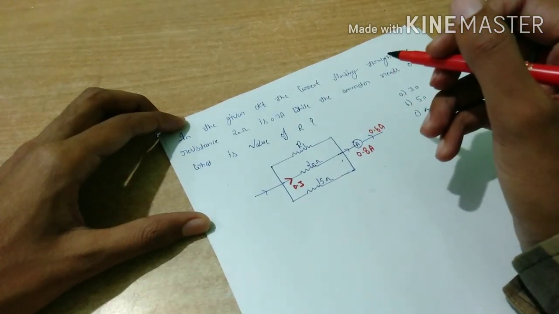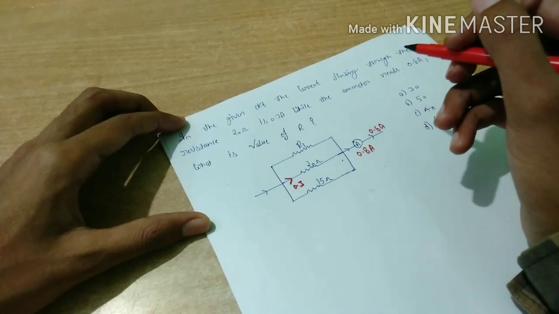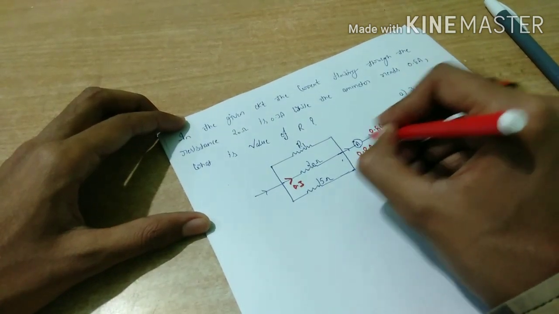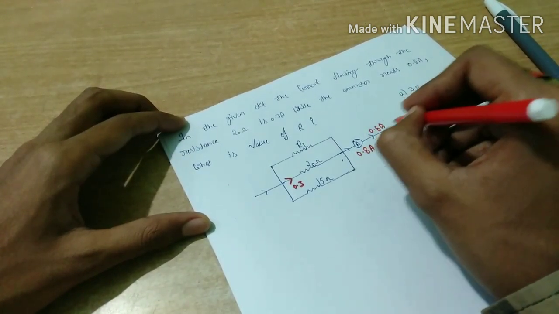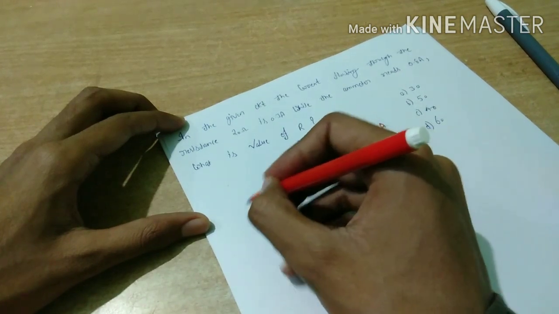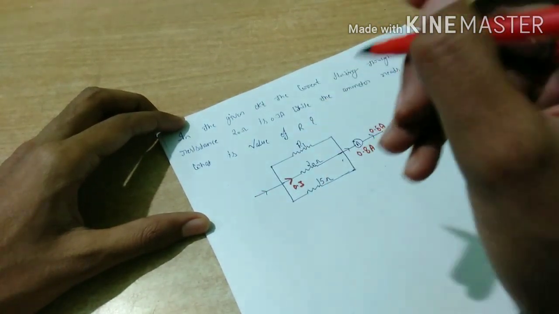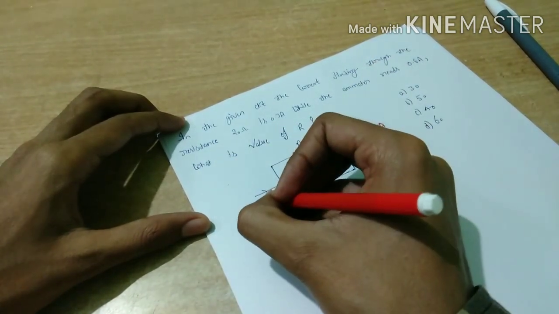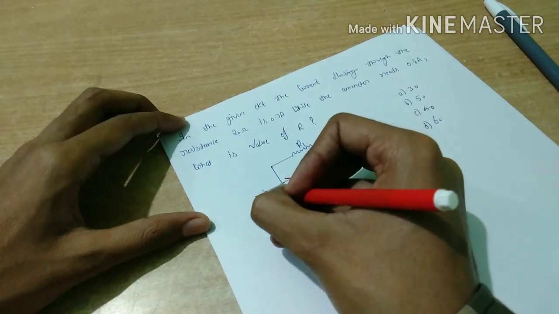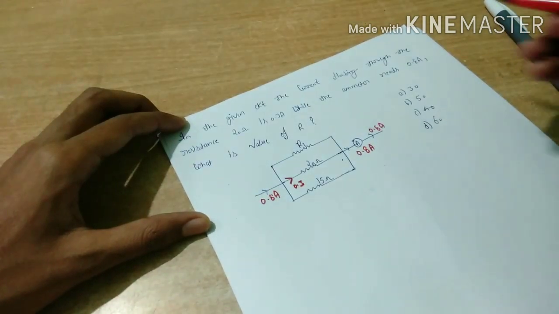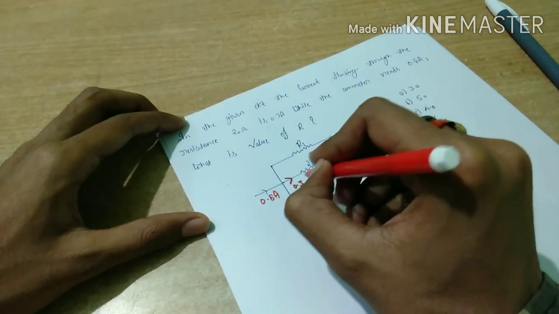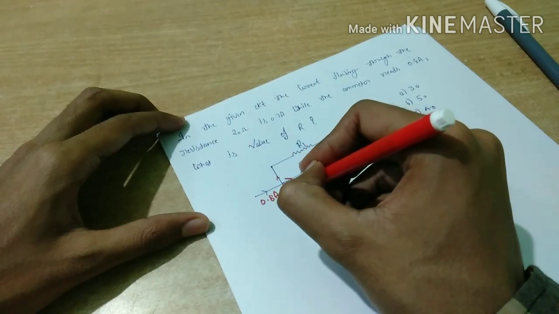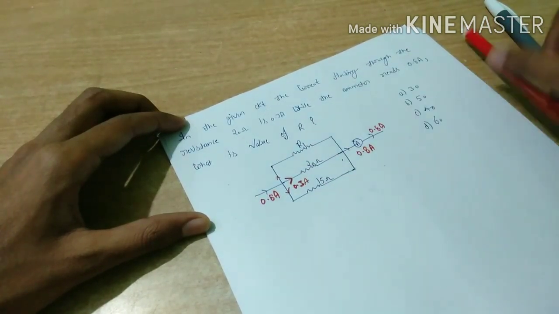One important fact to be noted is that whatever current leaves from here, exactly the same amount of current enters from this side, 0.8 ampere. After this, out of 0.8 ampere, 0.3 ampere goes to 20 ohm, and the remaining current goes to this side and this side as well. So we have to rearrange it.